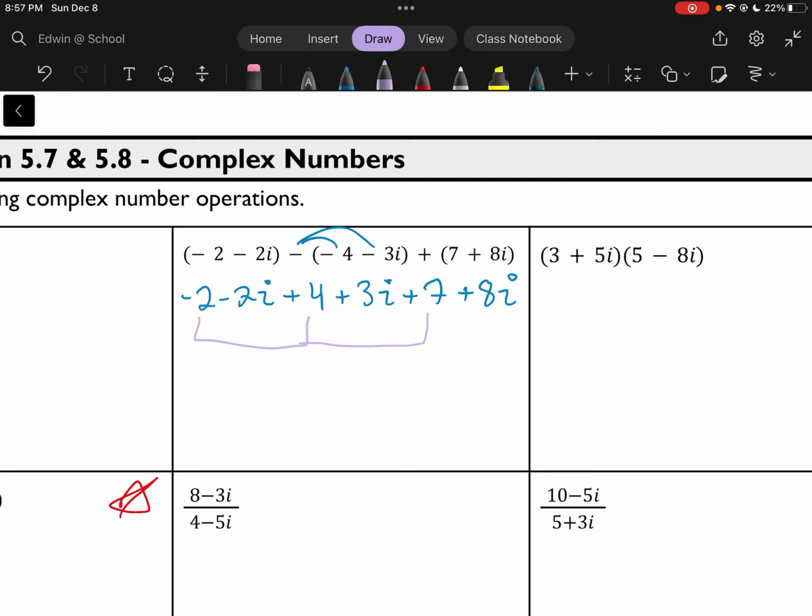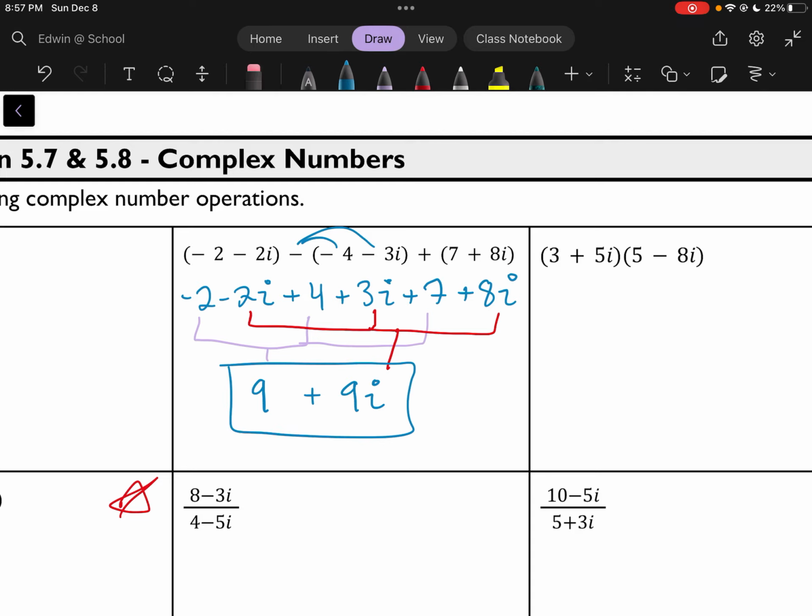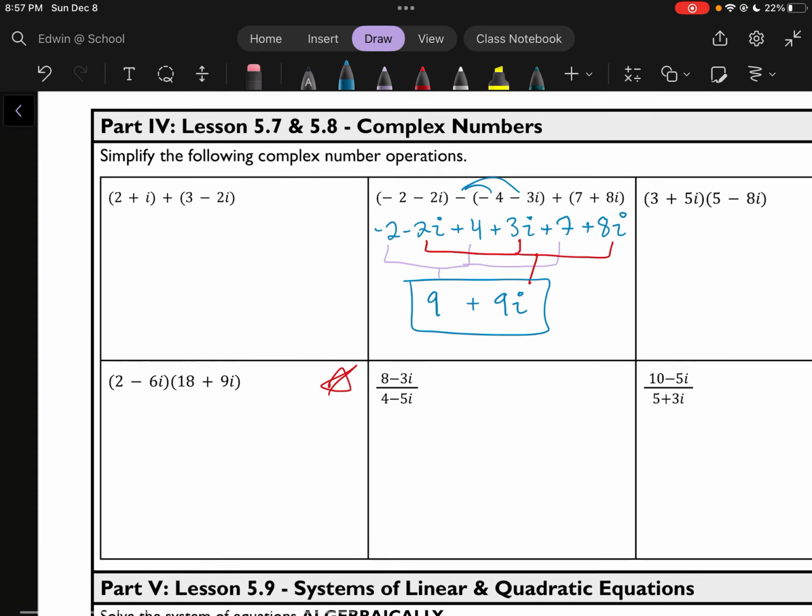So negative 2 plus 4 plus 7. That is just 2 plus 7, which is 9. And then we get negative 2i plus 3i plus 8i. That is just i plus 8i, which is just 9i, positive 9i. Pretty simple.